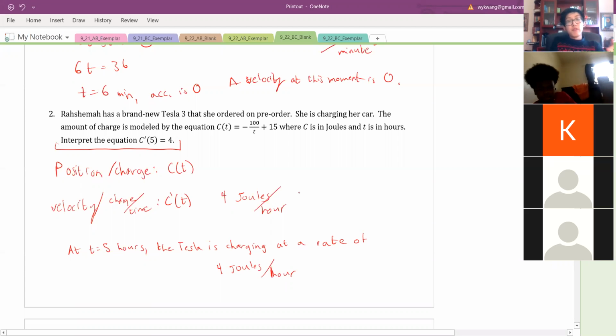By finding the derivative of the position/charge function, we're essentially finding a velocity function, which is 4 joules per hour. So hopefully that makes sense to everyone.